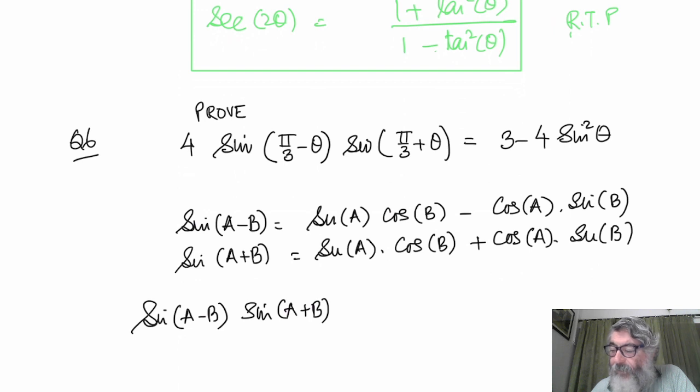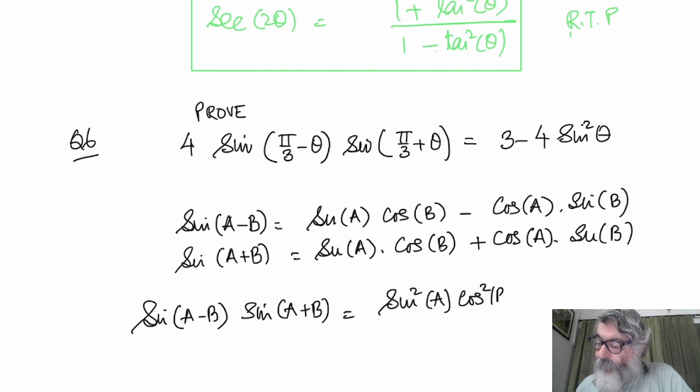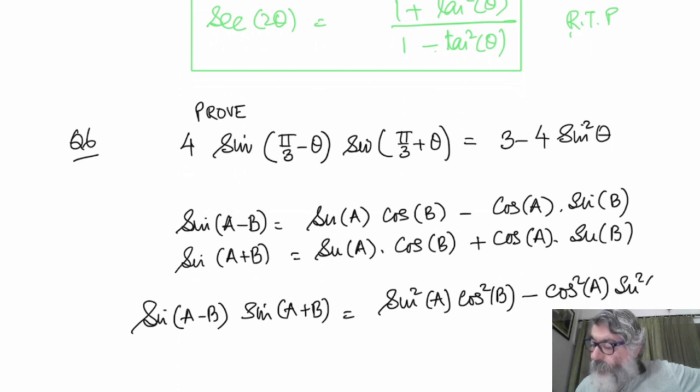Then the last terms will give you minus cos square A sine square B. The other terms will cancel.